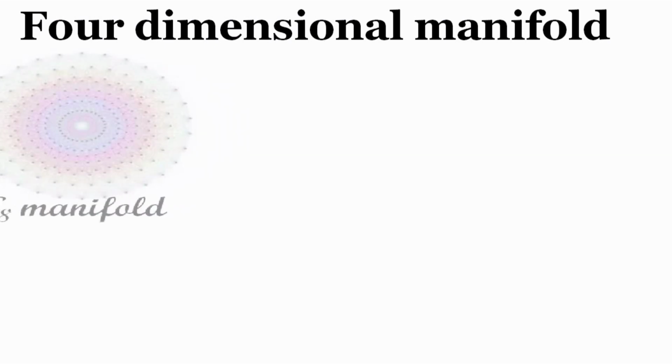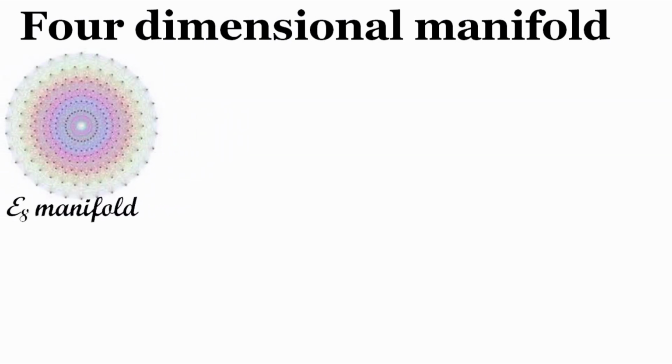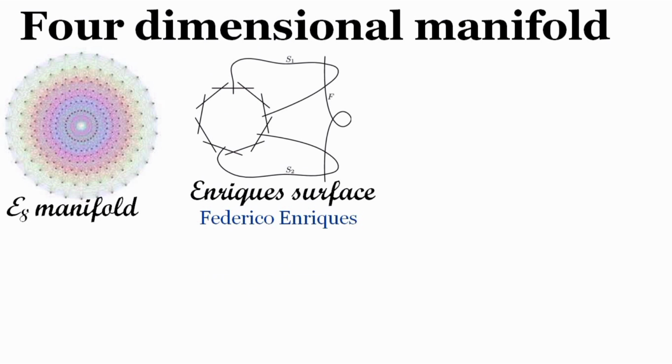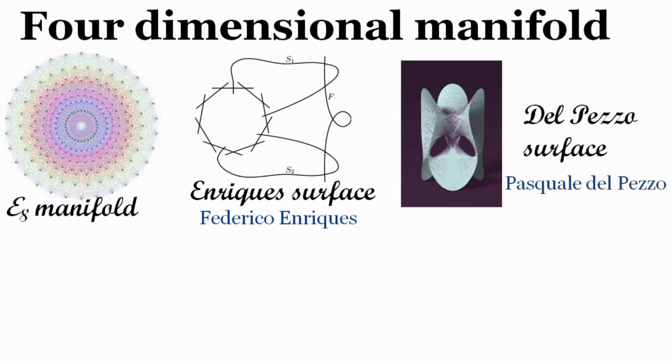So we start with the four-dimensional manifold, which is even more interesting. This one is called the E8 manifold. Then we get the Enriques surface. Federico Enriques, now known principally as the first to give a classification of algebraic surfaces in birational geometry, is a very important person. And then we get the Pasquale del Pezzo surface.